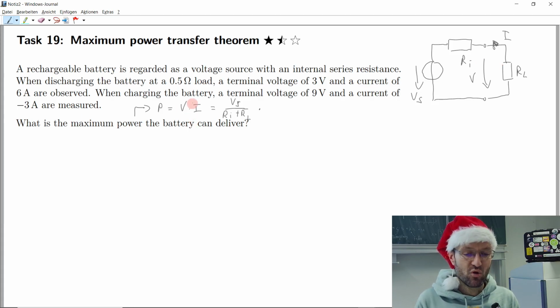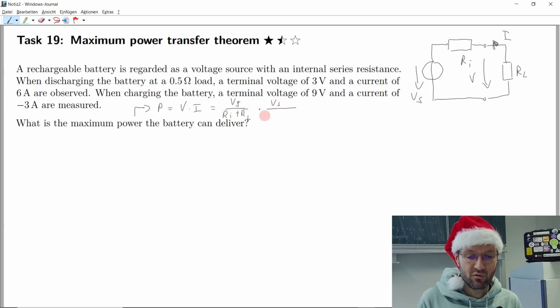Yeah, okay, if we have the current, we could say, okay, we take the current and multiply the current by the resistance. This would work, okay. So let's take the source voltage divided by the inner resistance plus the load resistance, and then this is the current once again, and then the current multiplied by the load resistance.